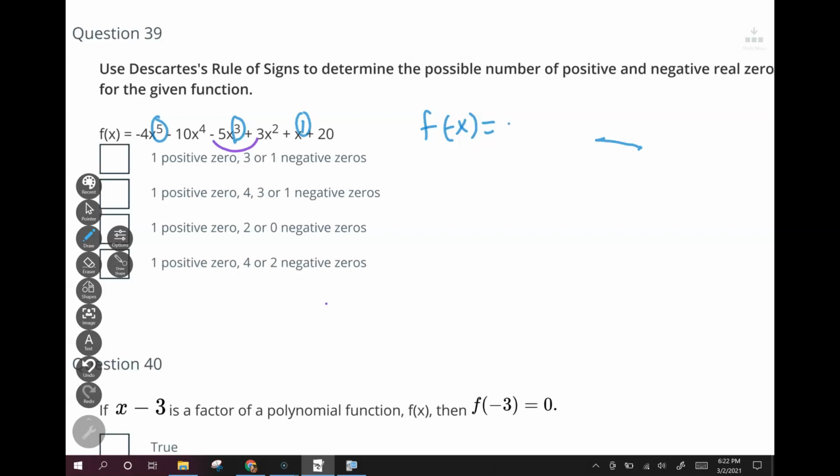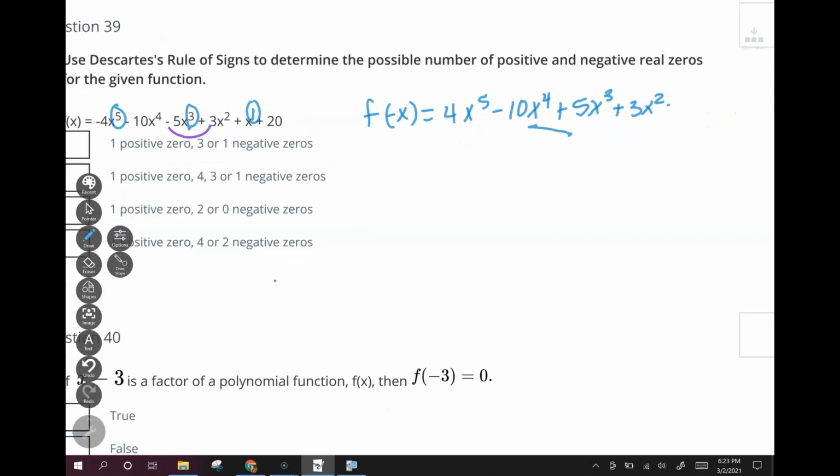So you're going to have positive 4x to the 5th minus 10x to the 4th plus 5x cubed plus 3x squared minus x plus 20. So I just changed those three signs. Now I'll count my sign changes. 1, 2, 3, 4. 4 sign changes.